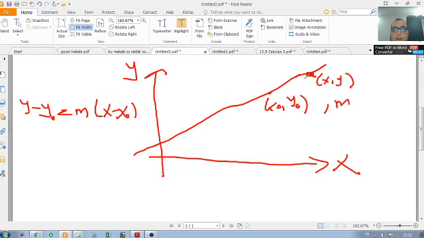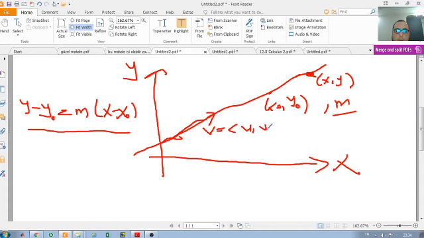For any point (x, y), the equation of a line in the two-dimensional coordinate system can be given by using the point-slope form. Or if you don't know the slope, but you know its direction, which is given by defining a direction vector for the line, let's say v has the components v1, v2.